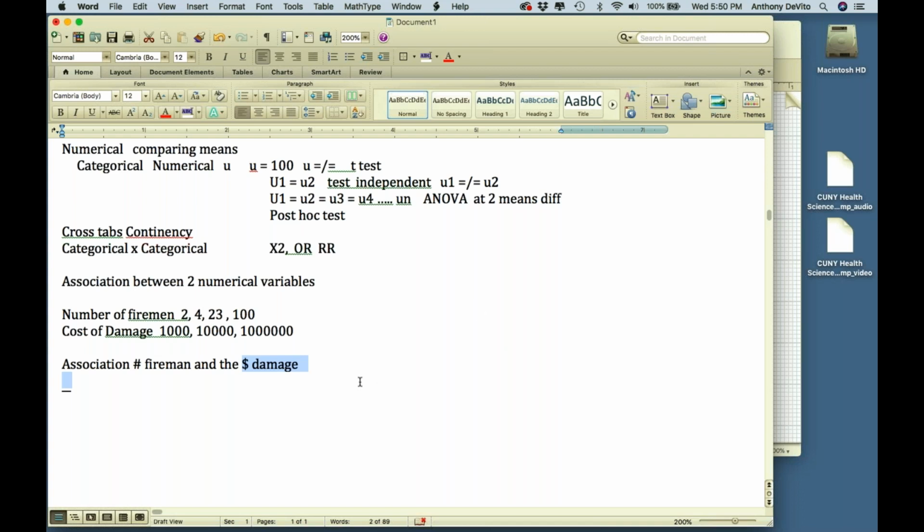Okay, so there's an important distinction between correlation and causality. When you look at correlation, all you're interested in is the fact that there's an association between these two numerical variables. You don't care about causation, right? Correlation just looks at the association.